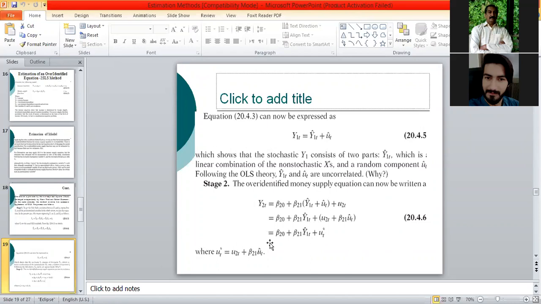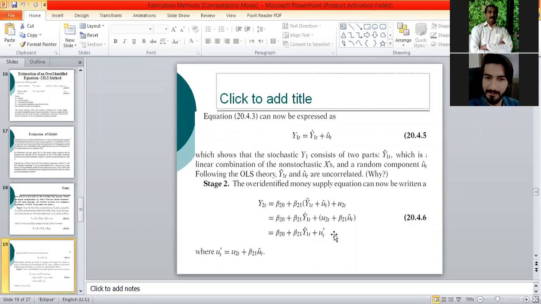In the first stage, we estimate the reduced form by OLS, and in the second stage we estimate the modified equation after replacing the original Y1 with the estimated value of Y1, and after that we apply OLS to estimate the modified equation.